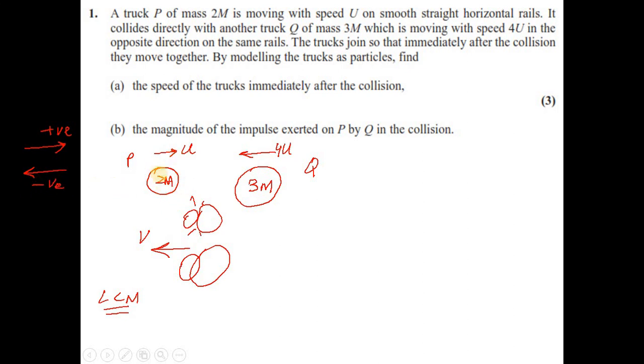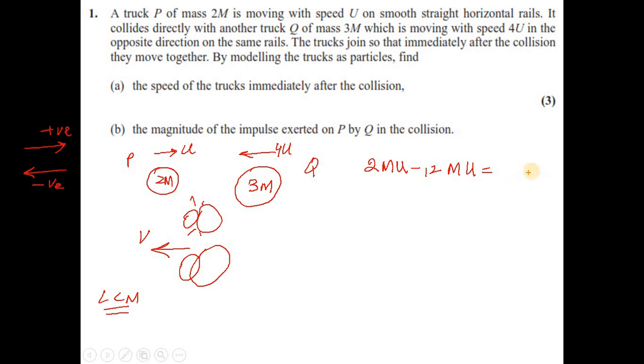That means the momentum of particle P for me is positive, and the momentum of particle Q I'm going to take negative, as well as after collision the particles are moving leftward, so it will be the negative momentum. So you apply the law of conservation of momentum before collision. Momentum of particle P, which is 2mu, minus momentum of particle Q, which is 4 times 3, 12mu, equals momentum after collision, and both particles after joining move leftward.